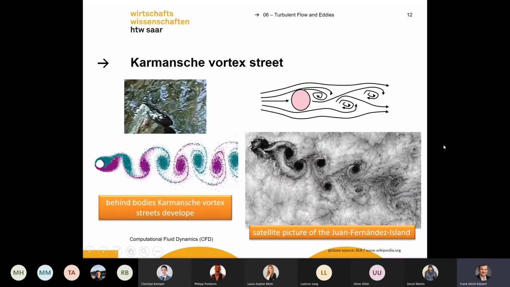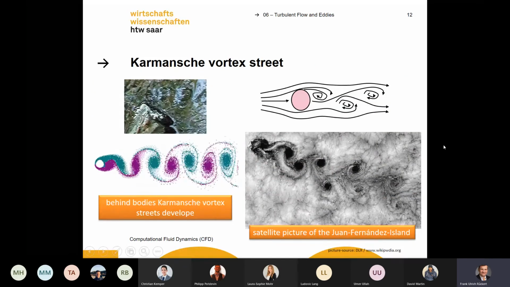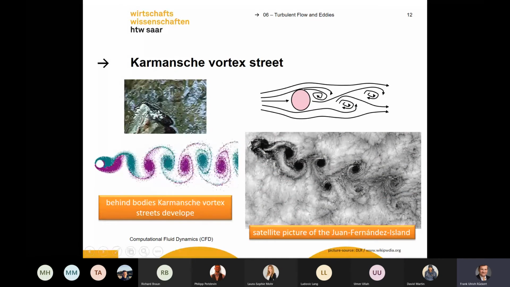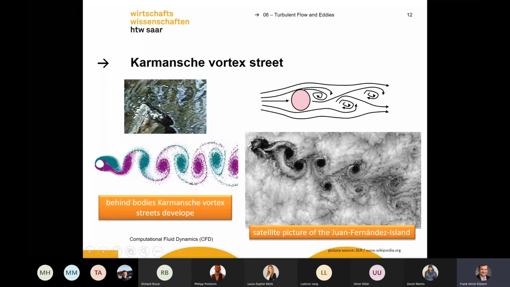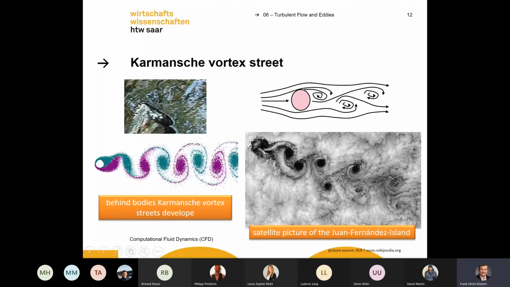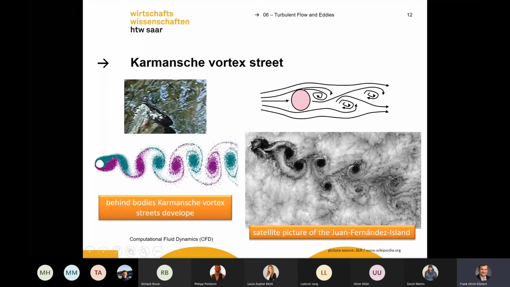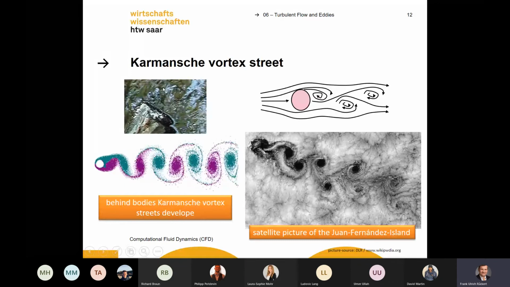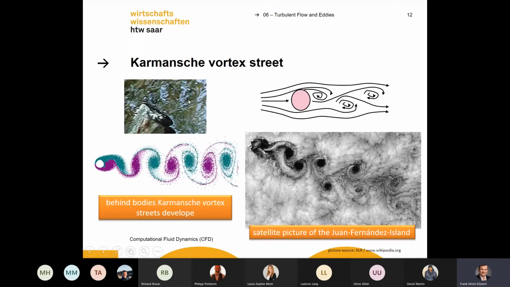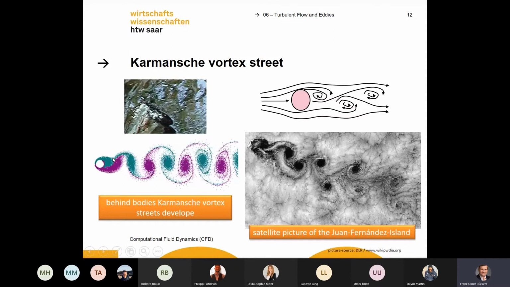Here's another picture of this kind of swirl behavior. This is a small video of a small river. Here you have a stone, and after the stone there is this swirl behavior. Or you see it here, it's a simulation.